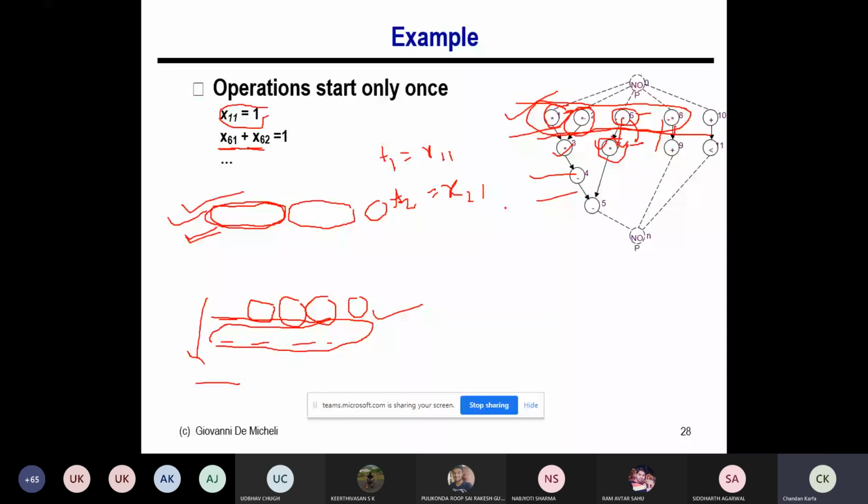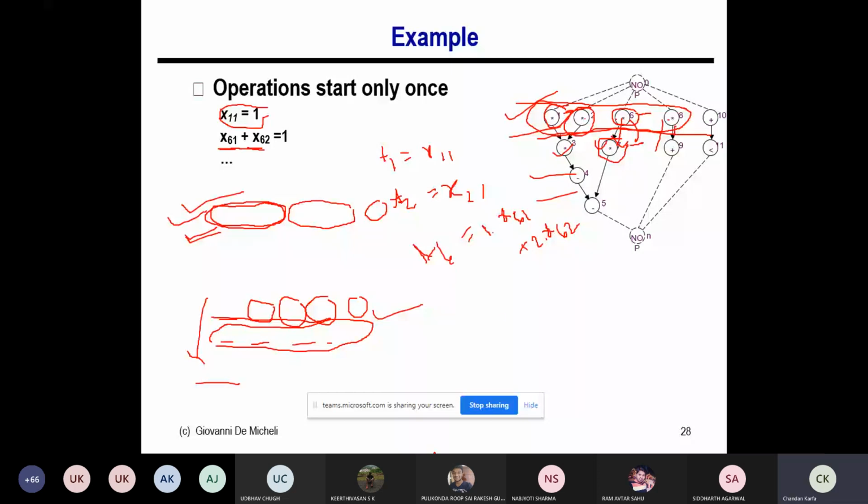So what about T6? It can be scheduled in timestamp 1 or 2, so it is x61 or 2 into x62. This is the possible value of T6. What about T10?